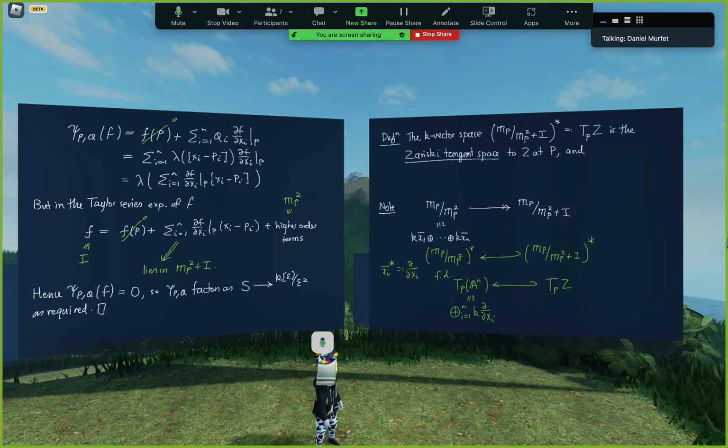Okay, and the Zariski cotangent space is the double dual, or just the thing itself, since it's a finite dimensional vector space. All right. Now for the rank.